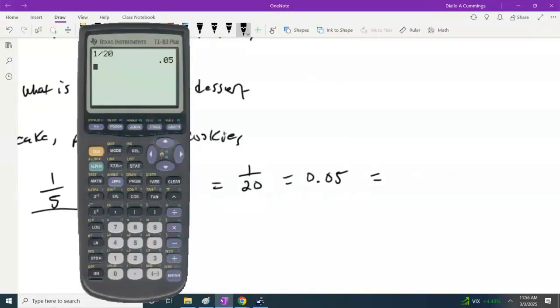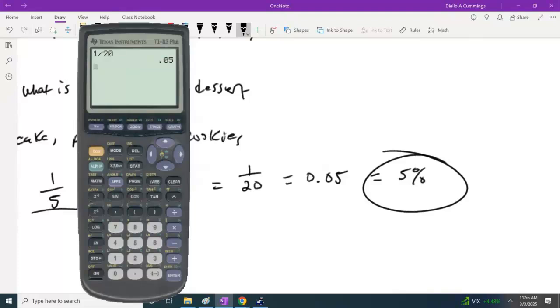Now we're going to change that decimal to a percent. We have to move the decimal 2 places to the right and add the percent symbol. If I move my decimal 2 places to the right, I move it once, twice, it's behind the 5. So the solution here should be 5%.